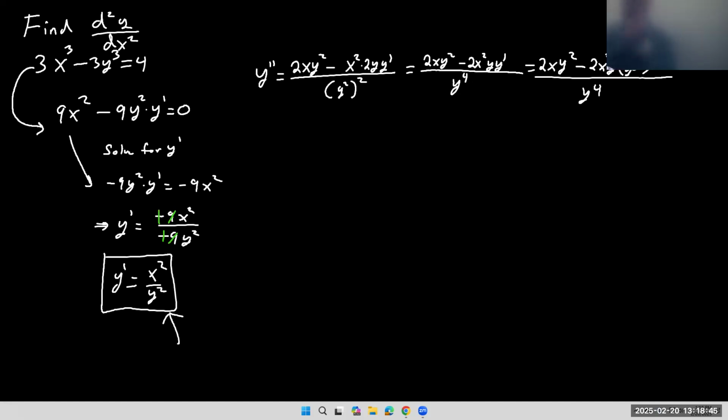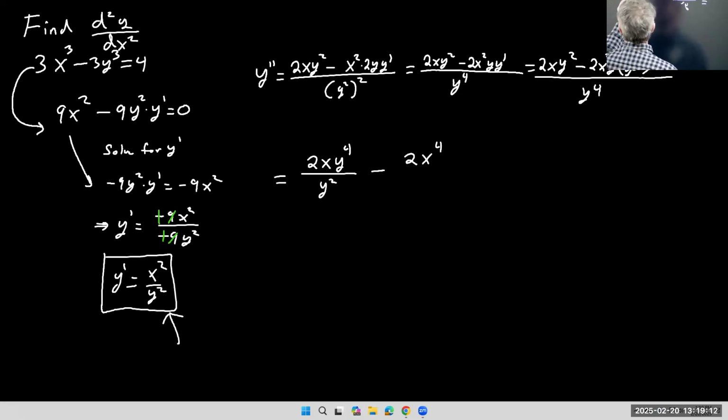So let's see if we can put that numerator together. In that case, I would have 2x y to the fourth over y squared. So I'm changing that first term. It's over the same denominator. And then you'd have 2x to the fourth y over y squared. Let me see if I agree with myself there.